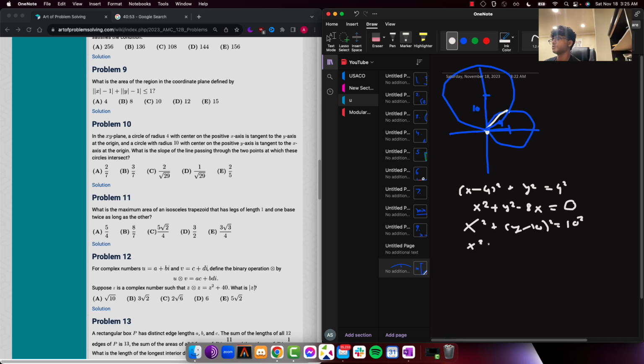So x squared plus y squared minus 20y equals 0. You can just subtract these two equations, and that will give you 8x equals 20y, which means x over y is 8 over 20, which means the slope is 2/5. So it looks like E.